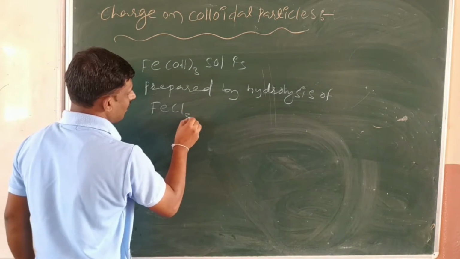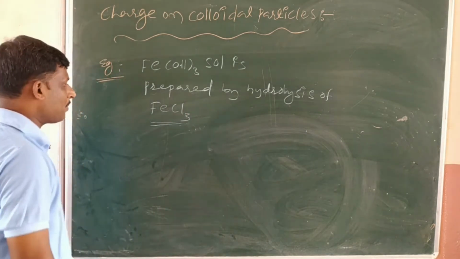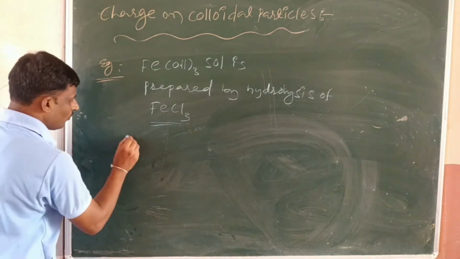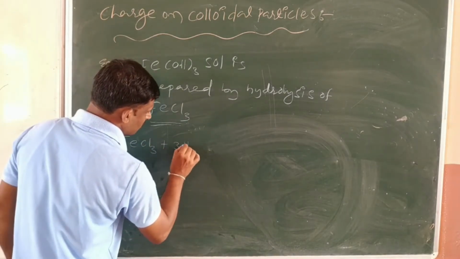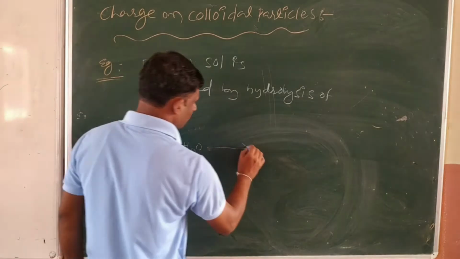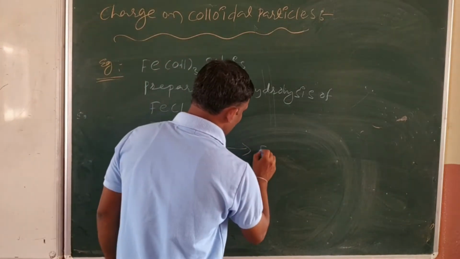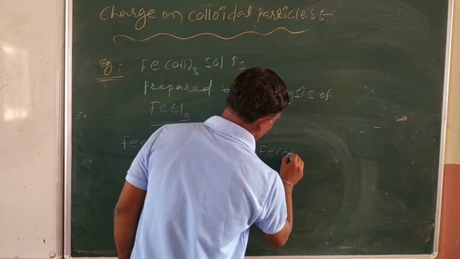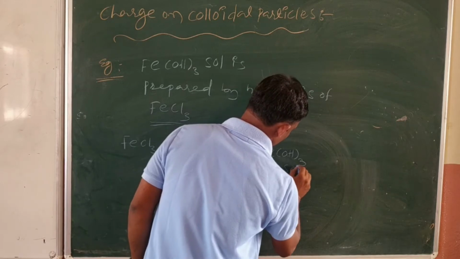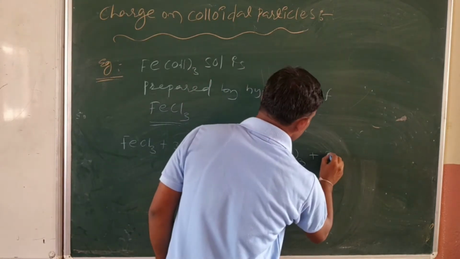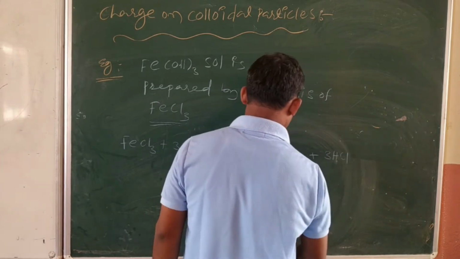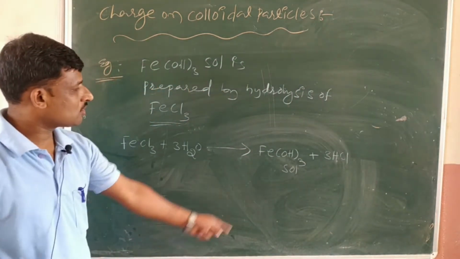See, I am writing the reaction here. When we treat FeCl3 with 3 moles of H2O, what is forming? Fe(OH)3 sol, as well as 3 moles of HCl. Actually, this is the colloidal sol.